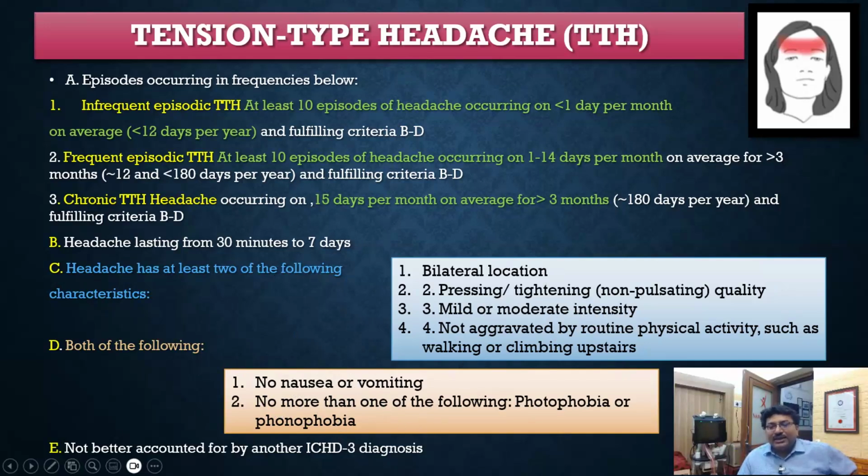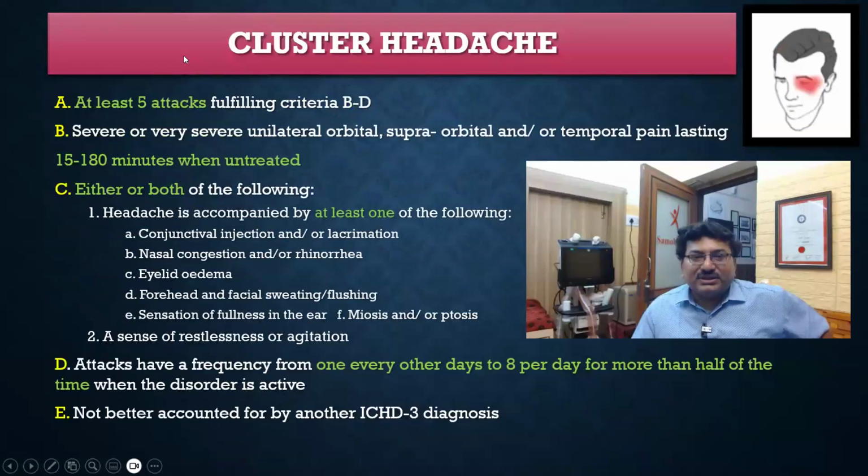And in E, it should not be better accounted for by any other ICHD3 diagnosis. Similarly, cluster headache has these characteristics: at least 5 attacks fulfilling criteria B to D; severe or very severe unilateral orbital, supraorbital, or temporal pain lasting 15 to 180 minutes when untreated.